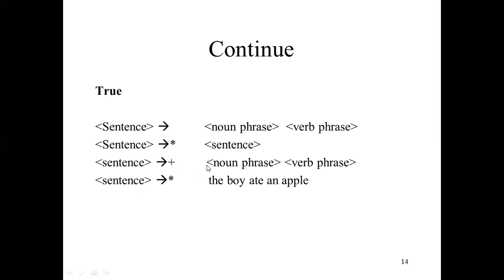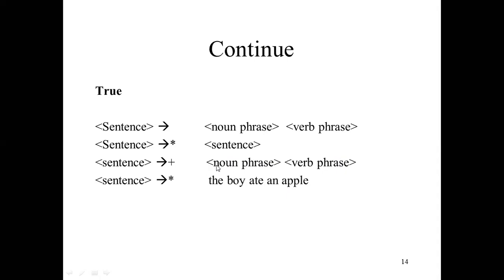So in one step or more steps. So sentence plus, this is equivalent to noun phrase verb phrase. This is right. You are getting here noun phrase verb phrase in one step.